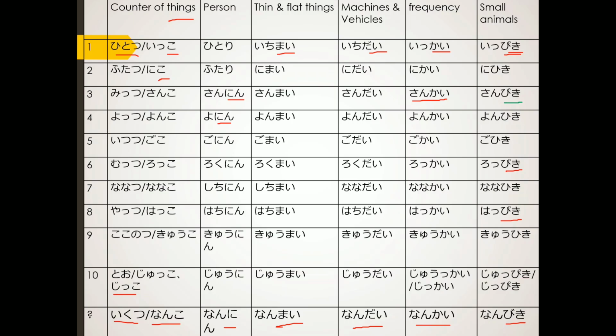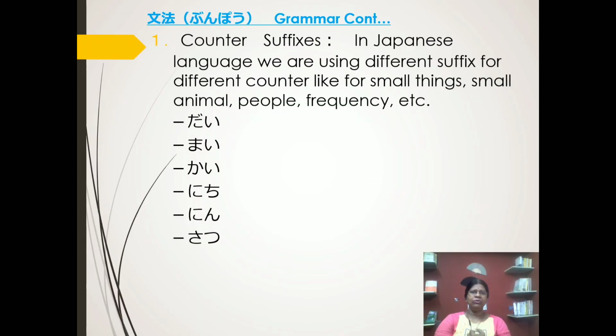San biki. Ni, yon, nana, kyu, all are hiki. So hiki, biki, piki. This is little difficult, but once you practice it will be easy for you. Ippiki, nihiki, sanbiki, yonhiki, gohiki, roppiki, nanahiki, happiki, kyuhiki, juppiki or jippiki. Question is nanbiki.